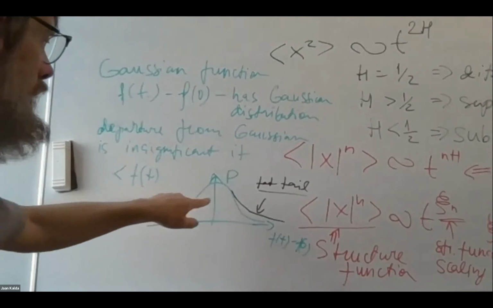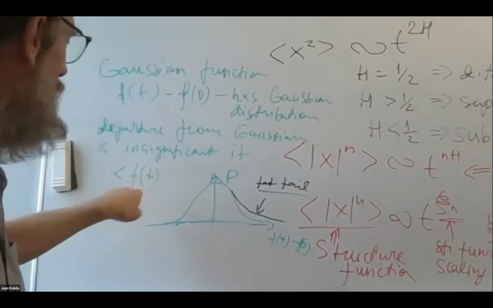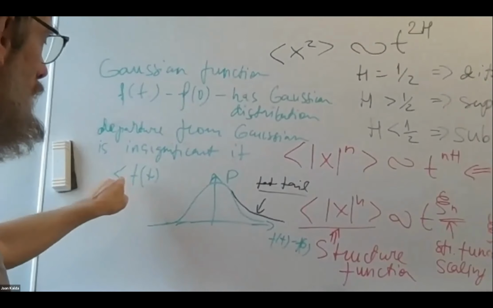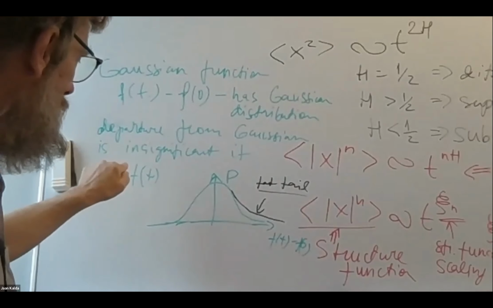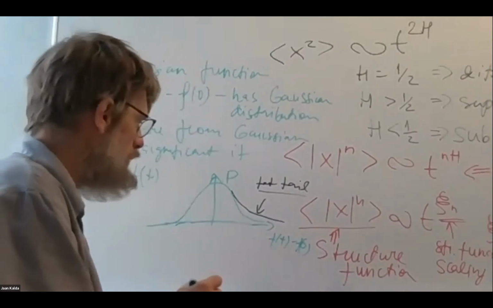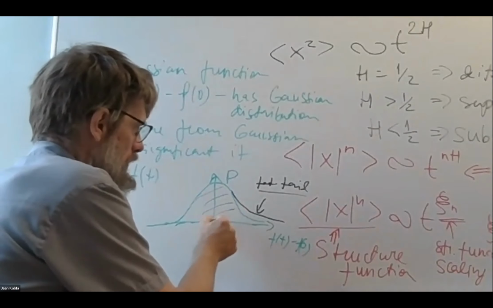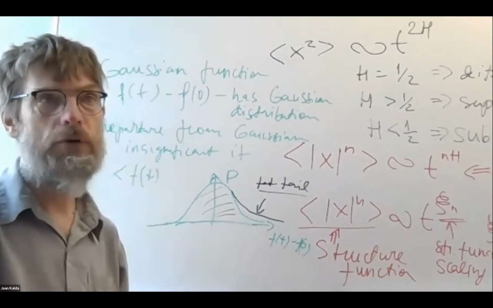So consider our function f of t is x of t. If we take x squared, let us say, and we have Gaussian functions, then the dominating part is given by the main part of the Gaussian function.